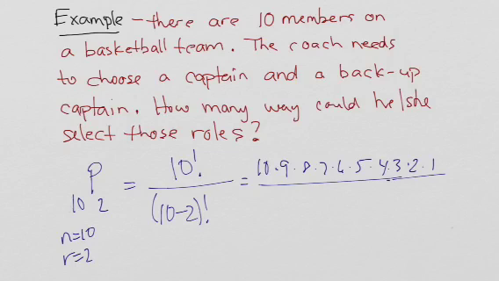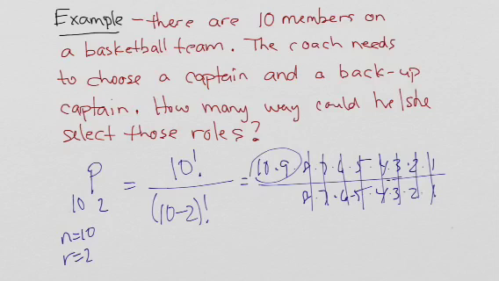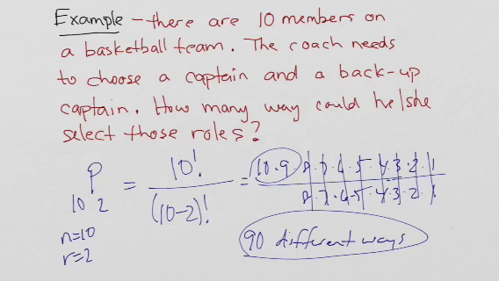And then the denominator, 10 minus 2 is 8, so start with 8: 8 times 7 times 6 times 5 times 4 times 3 times 2 times 1. Then cancel, cancel, cancel. All that's left is 10 times 9. There are 90 different ways that the coach can choose his captain and co-captain.